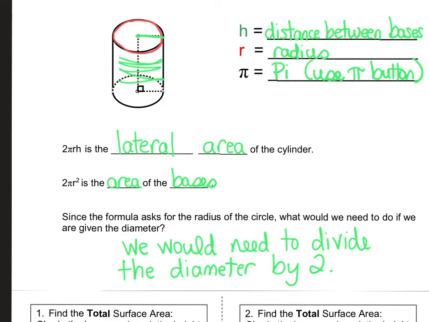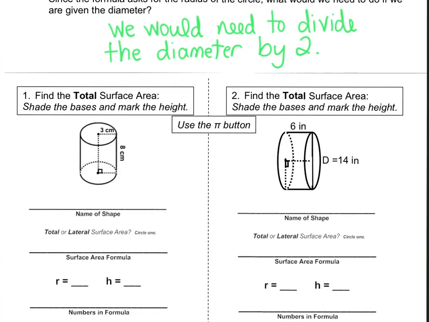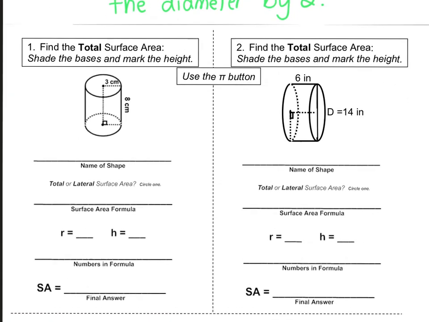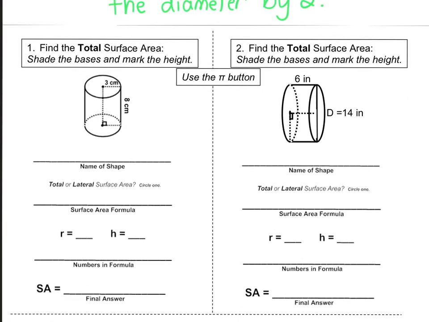Okay, so let's go ahead and work out a few problems. And these are set up very similar to the last note set. Notice here it says find the total surface area, shade the bases, and mark the height. Here's my bases. Since my height is what connects them, that is going to be my height.